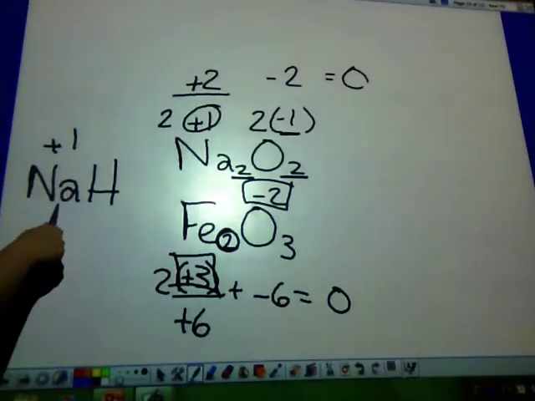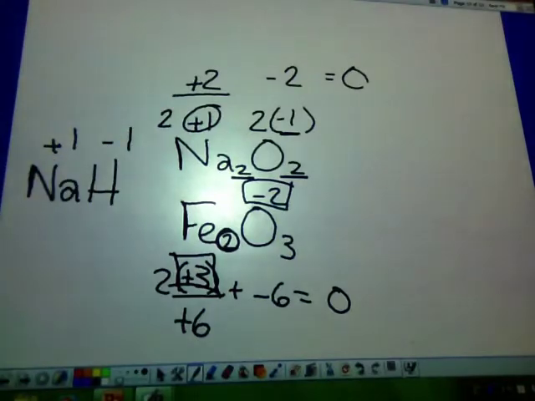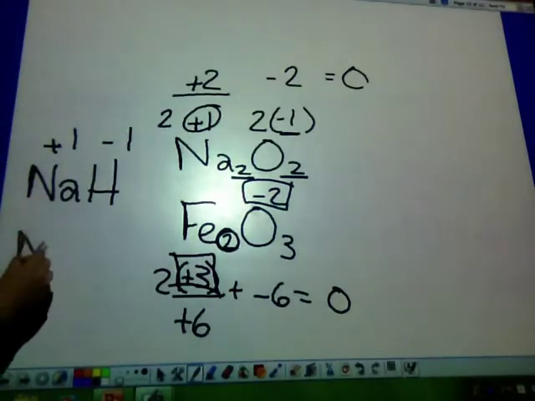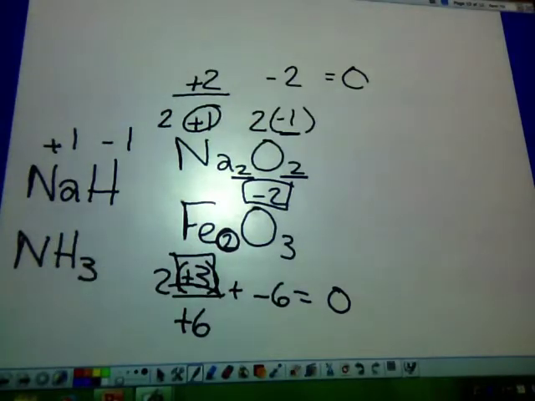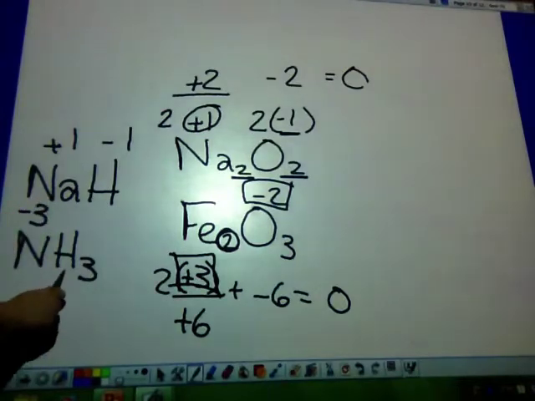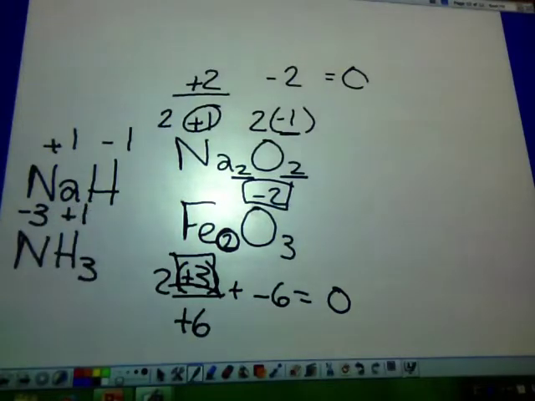And because sodium's a +1, hydrogen in this case has to be a -1. But in the example of NH3, nitrogen is a -3, so hydrogen must be a +1.